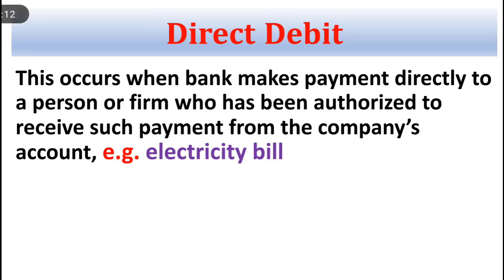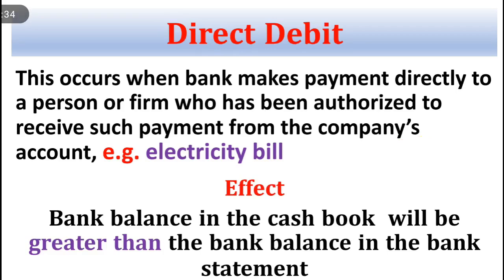And as a result of that, the business has already instructed the bank to always make the payment each time the bill is presented. So such payment will be made without informing the business by debiting the account of the business directly. That's the reason it is called direct debit. And the effect of that is that the balance in the cash book will be greater than the balance in the bank statement.